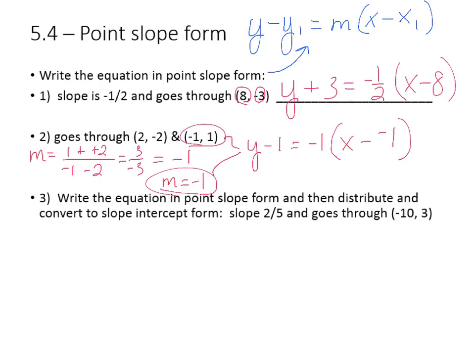And then I would probably clean that up, so let's call that a plus sign instead of minus. There we go. There's our equation in point-slope form.